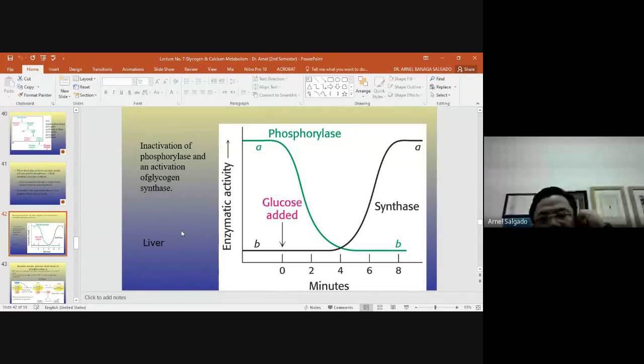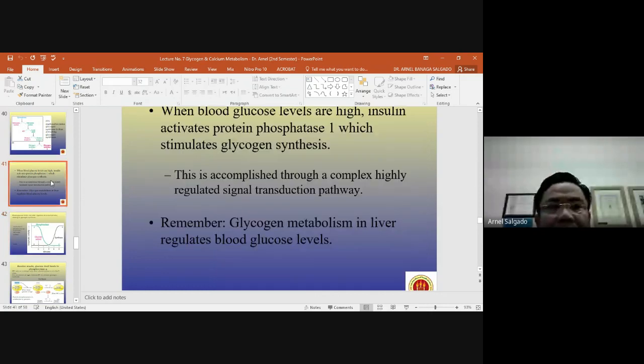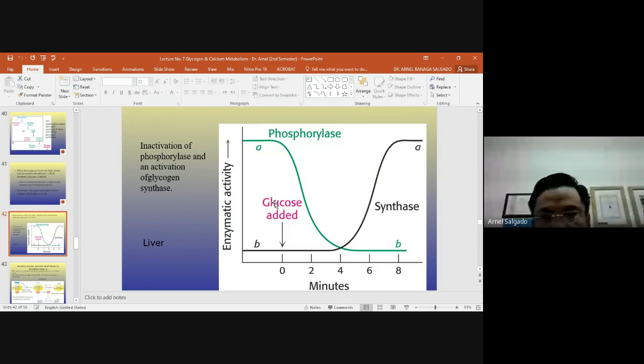So this is how regulation that we can actually see in our liver, no? There is increased enzymatic activity. Let's say if glucose is added, therefore we need the protein phosphatase 1 in order to synthesize.